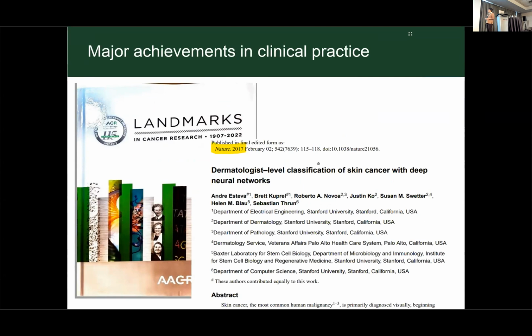So the first thing related to machine learning is this paper published in 2017 in Nature. It's about dermatologist-level classification of skin cancer with deep neural networks, which I'm happy that our previous speaker just explained what a deep neural network is.